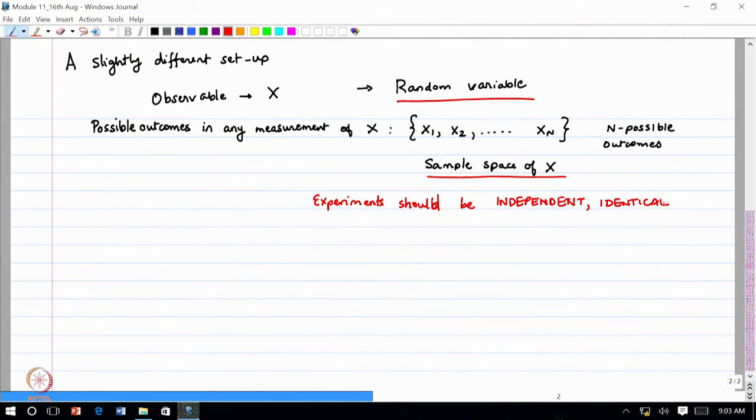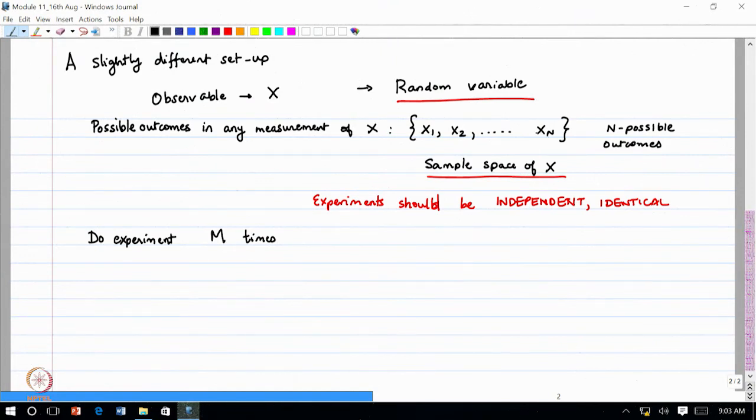Now there are n possible values of x. Now, let us say you do the experiment m times. Each time you might get either x 1 or x 2 or anything up to x n.